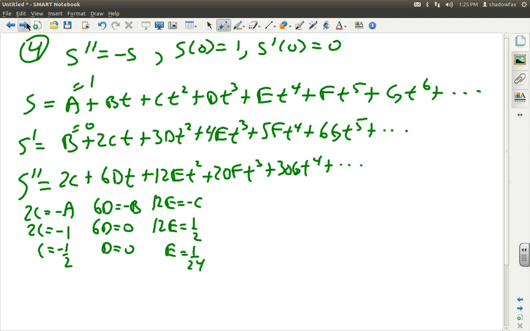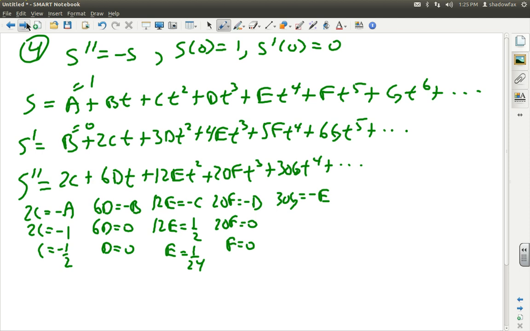So these look like some factorials again, but it's skipping. Does that sound familiar? Skipping some, right? We used to have a 1/6 in between the 1/2 and the 1/4, right? How about 20f is negative d, but d was 0, so f is 0. And 30g is negative e, right?